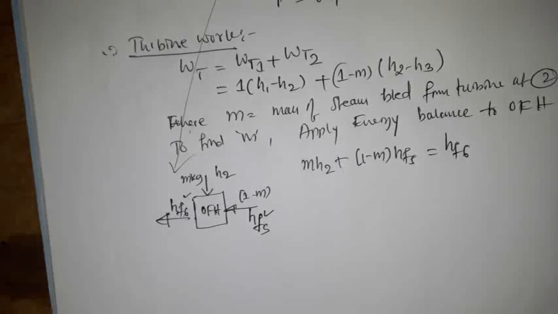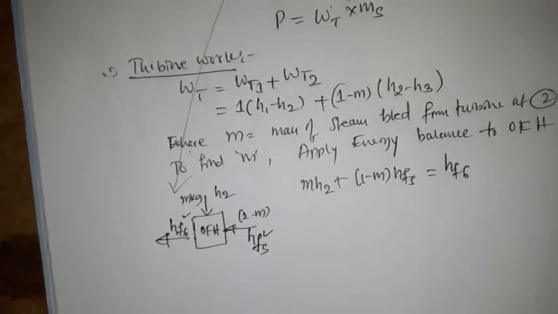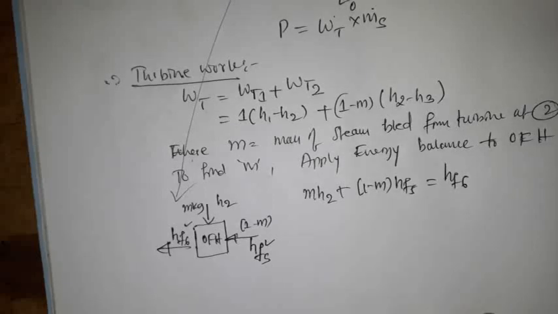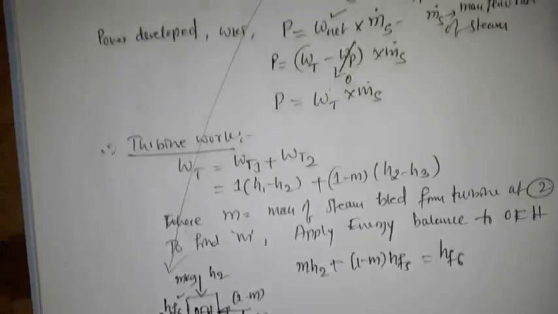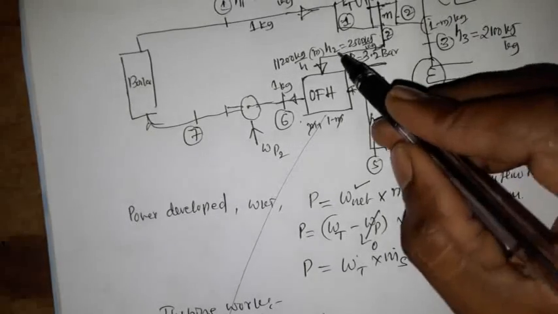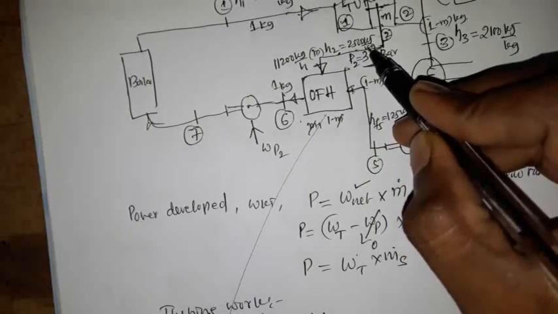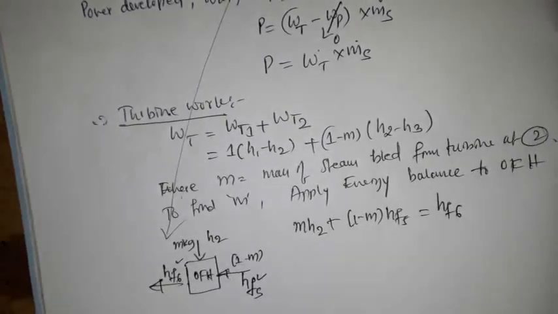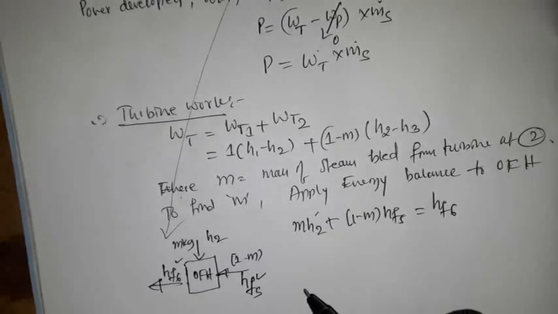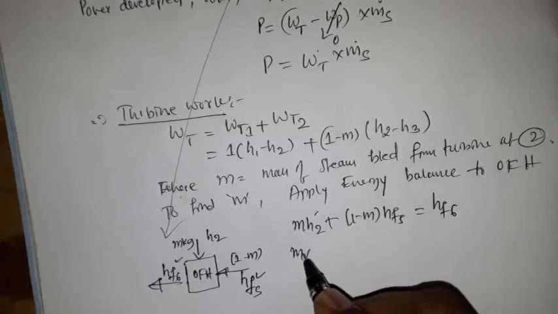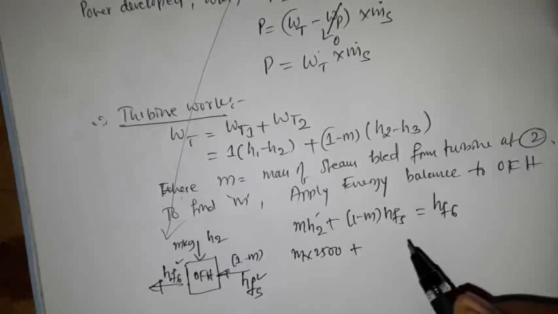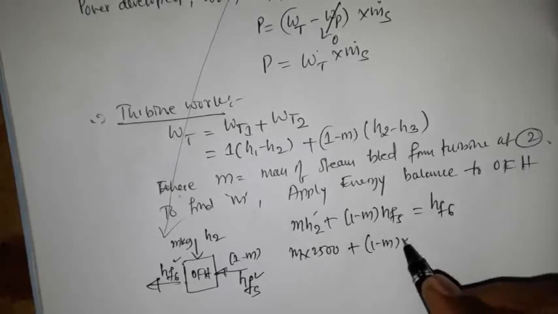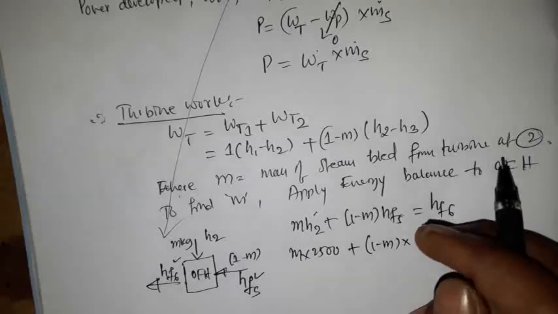So now we have to substitute the enthalpy values that are known to us. So here H2, he has given in the given data as 2500 kilojoule per kg. So I would substitute the same value from the given data, that is m into 2500 plus 1 minus m into HF5.